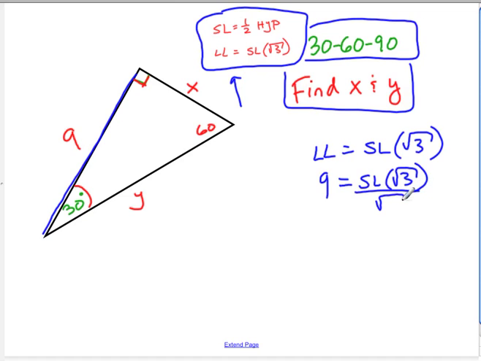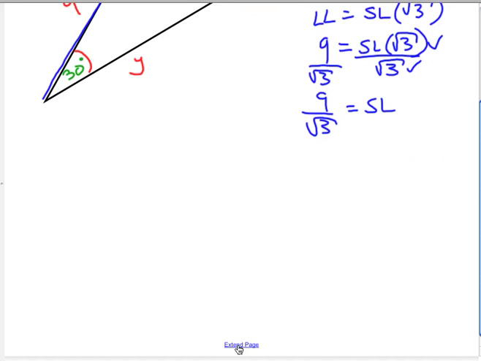Divide by the square root of 3, divide by the square root of 3. Those cancel. Short leg equals 9 divided by the square root of 3. But, as you know, we can't have a square root down there. So let's do this.